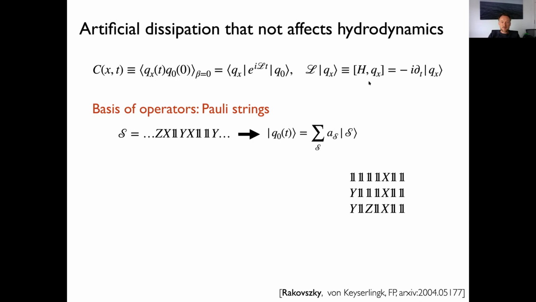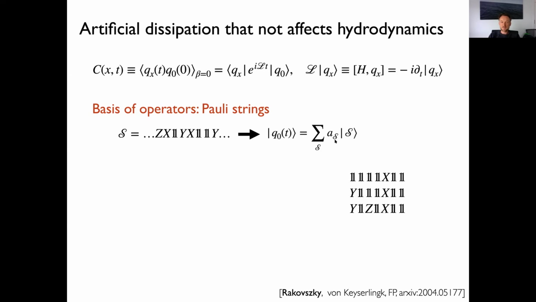So let me now think about the following. We have this space of operators, and every operator, in particular our time-evolved operator Q0(t), can be expanded in terms of Pauli strings, right? Now we're assuming a spin-1/2 system.